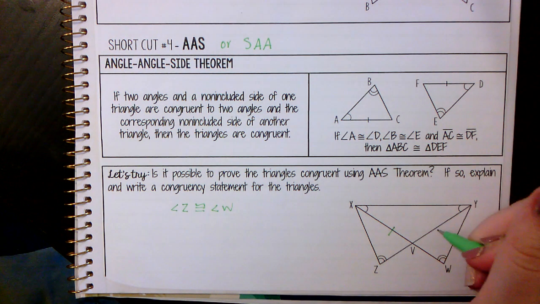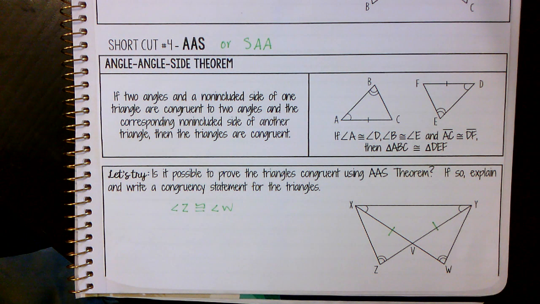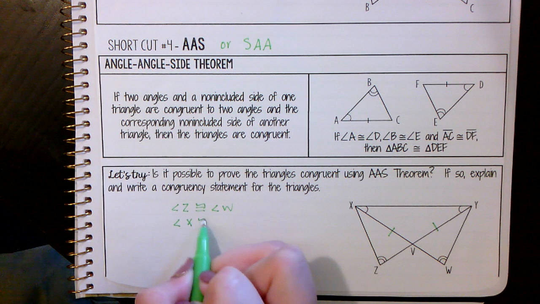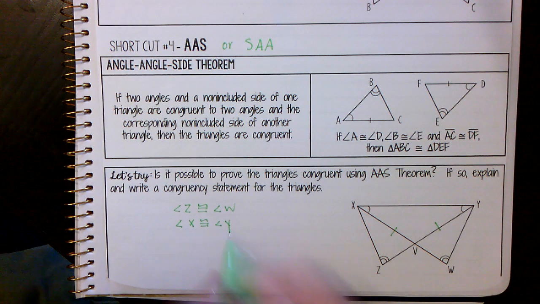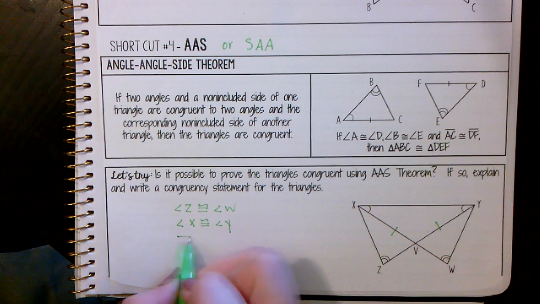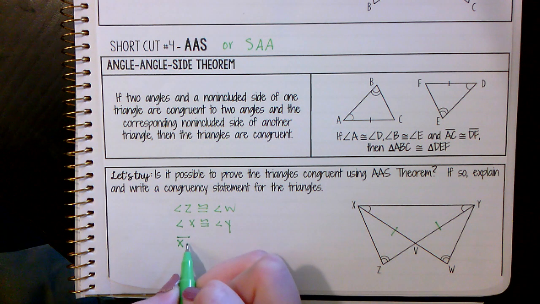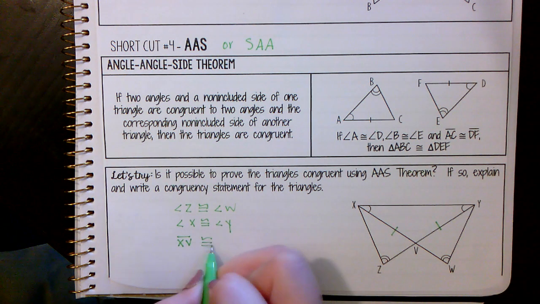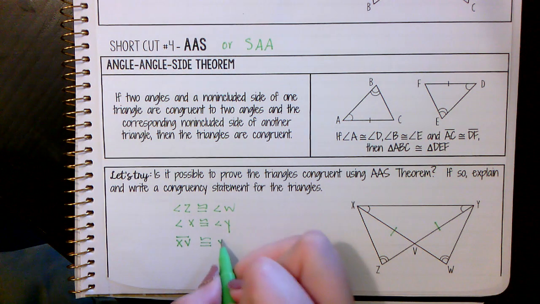So I can say that these 2 sides are congruent. Angle X is congruent to angle Y, and side, we'll call that side XV, is congruent to side YV.